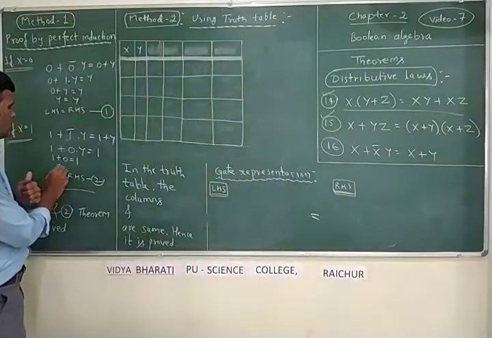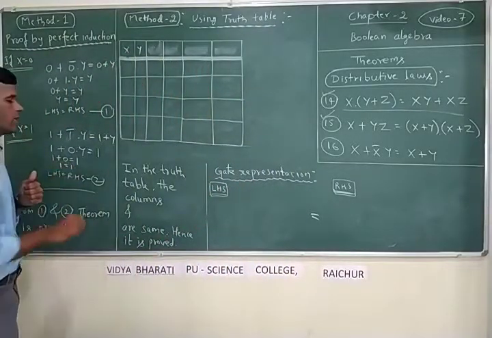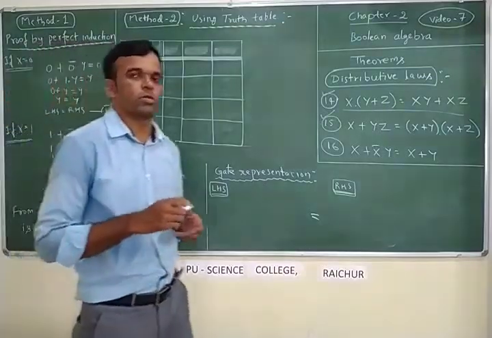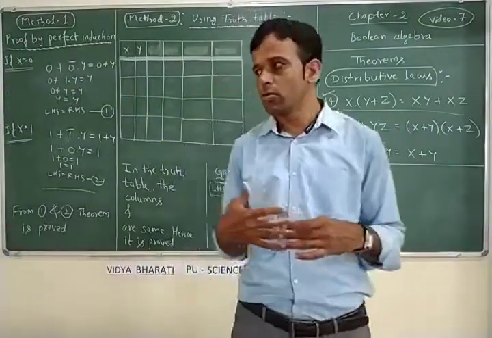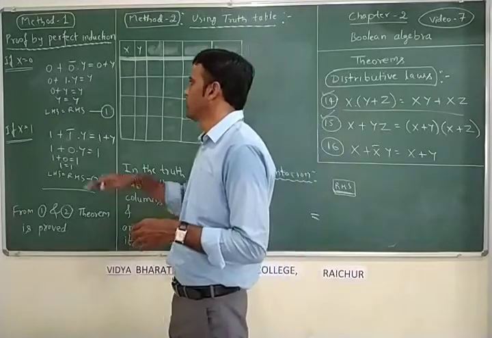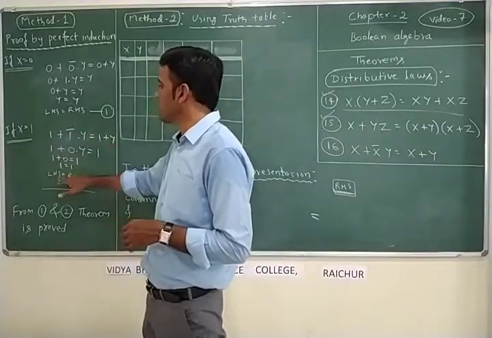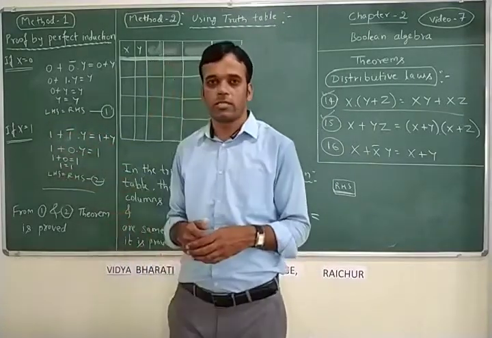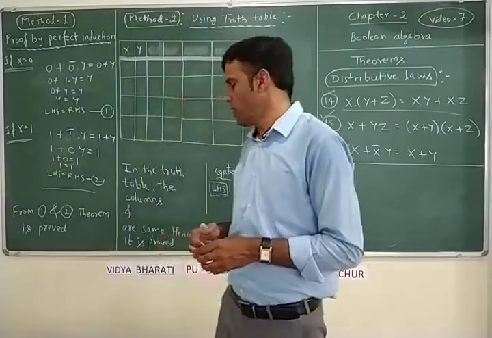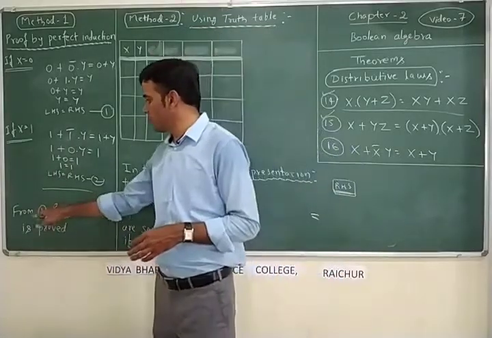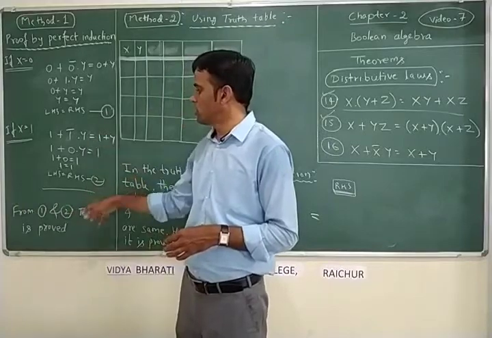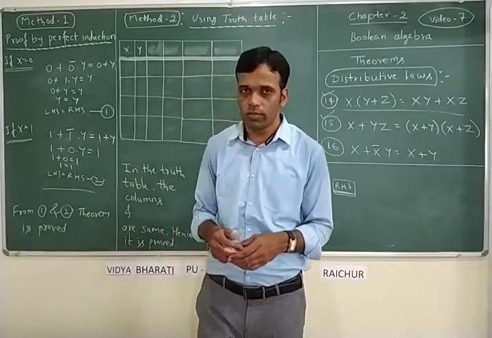That's why it is now 1 here. Right hand side already we are having 1. So LHS equals to RHS. So in both the cases we are getting LHS and RHS as same. So final conclusion, from the equations 1 and 2 the theorem is true.